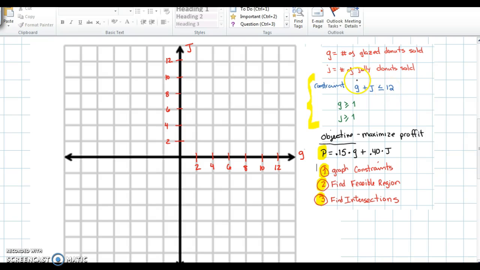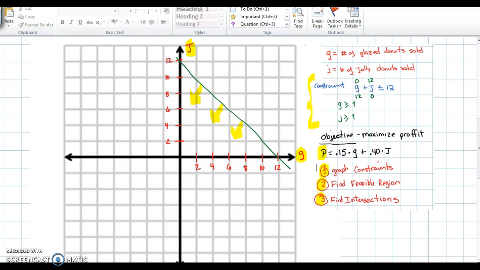If we look at our intercepts, when we sell 0 glaze, we'll sell 12 jelly, and when we sell 0 jelly, we'll sell 12 glaze. So this would look like this kind of line, less than or equal to, so it's a solid line, and we're going to shade below the line. I made the x-axis my glazed and the y-axis my jelly.